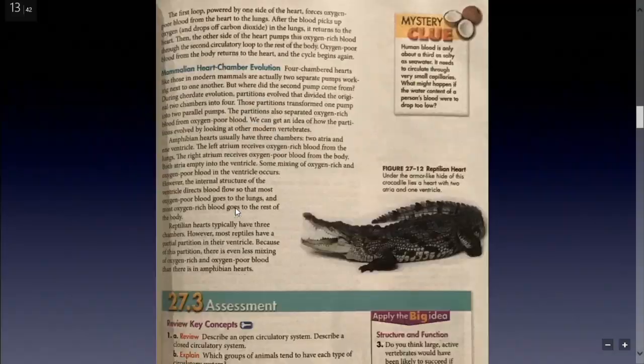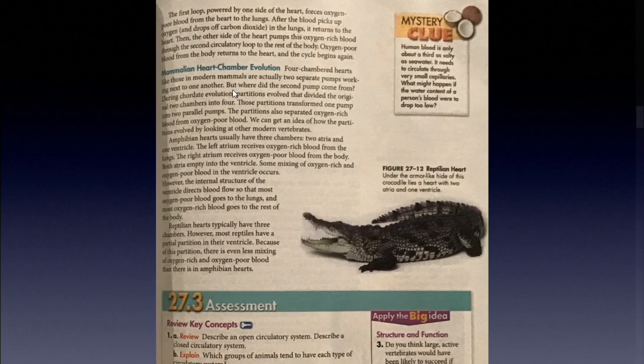So if you look at the mammalian heart chamber evolution, there's definitely a progression in how advanced the system is. So we can look at that if we want, and we'll just replace those words with evolution.